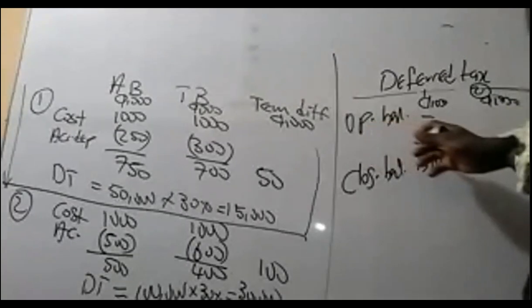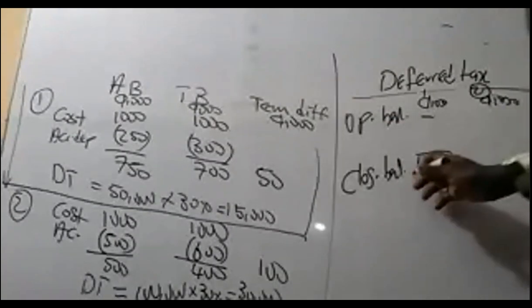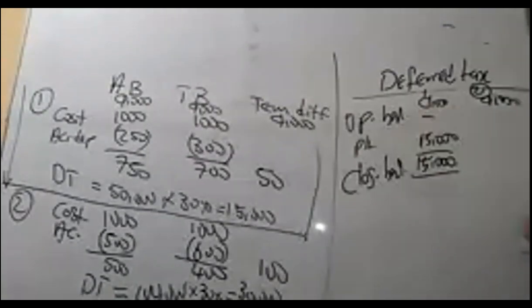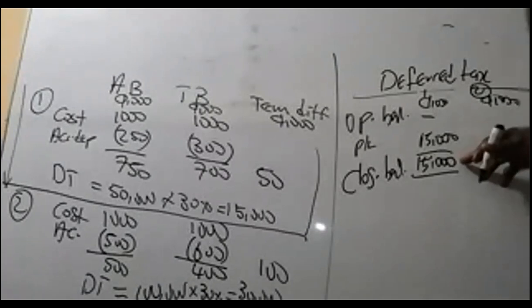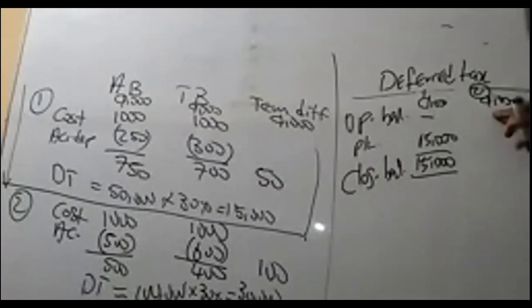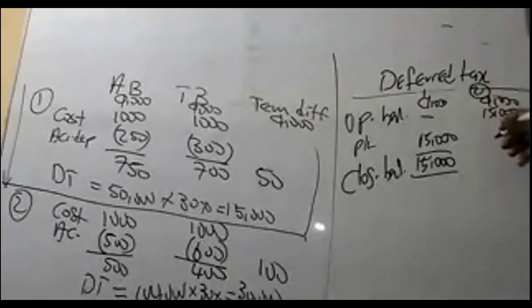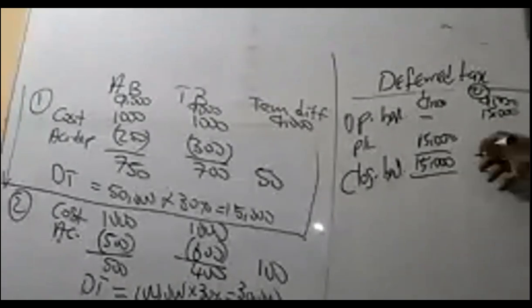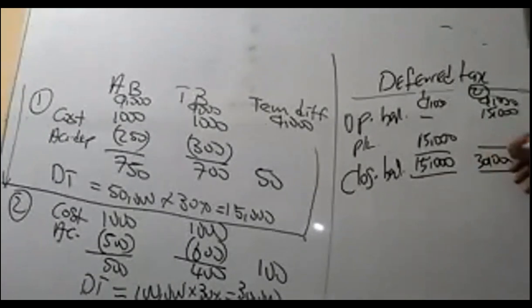Then we call it here as P&L. And you shift the 15,000 here as the opening balance, right? So I record 15,000 here for the next period. Then what's the closing balance? Closing balance is 30,000. The difference is what? 15,000. That goes to the P&L. Well done. So this is how the movement will be for the deferred tax.